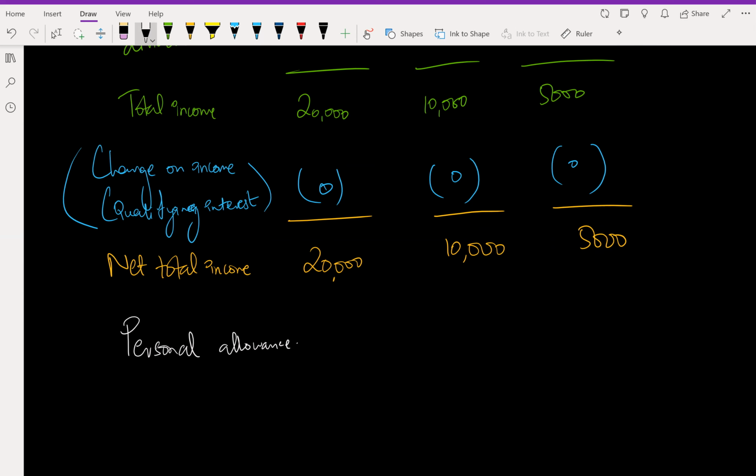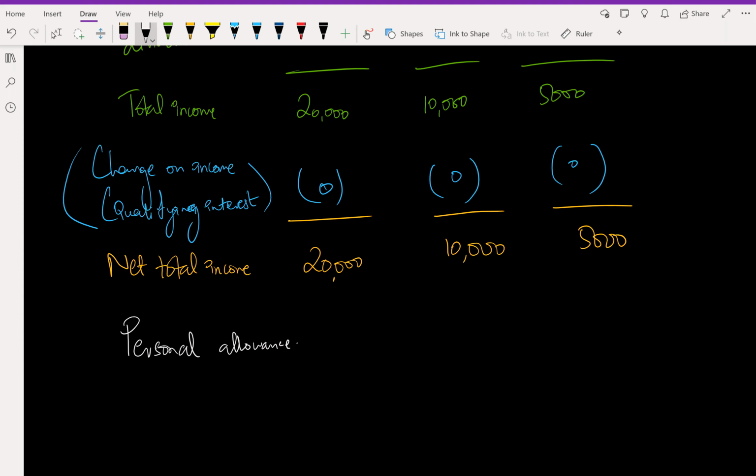Personal allowance is an amount which the HMRC will not tax. Remember one thing, something that we discussed at the start of this class. We're talking about individuals over here. Individuals pay tax for the fiscal year. That means for your entire income that you've earned during the year, you pay tax on that at the end of the year. I'm going to talk about the timeline in a bit.